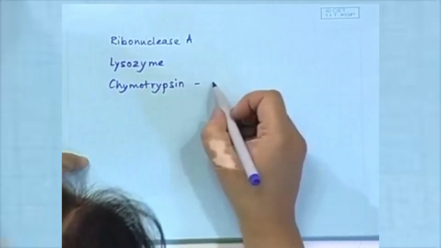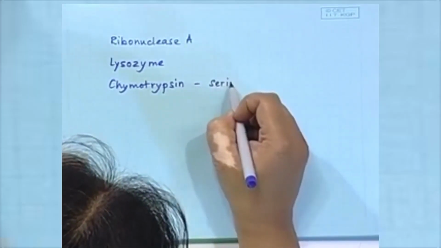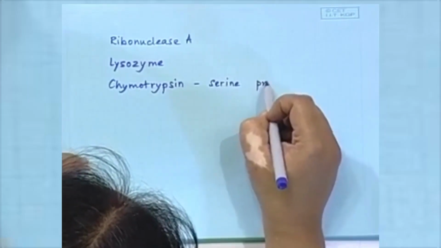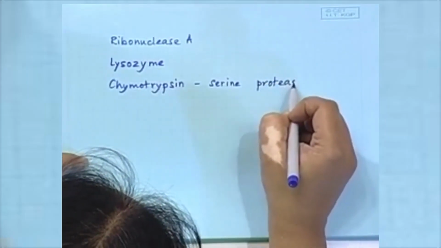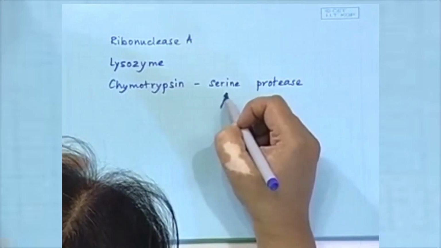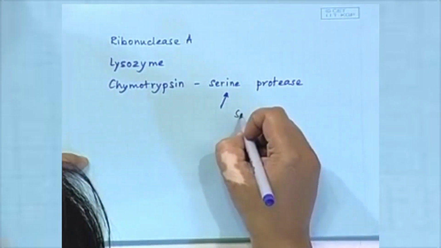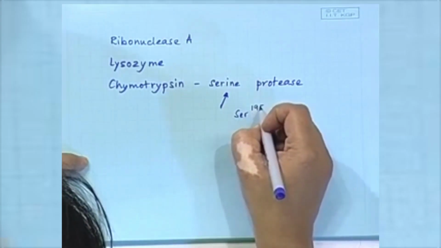Chymotrypsin is a serine protease. What does that mean? It means that its active site has a serine. That's why it's called a serine protease. Which serine is this? Serine 195. What does serine 195 do? It forms a covalent link with the specific polypeptide chain that has to be cleaved.